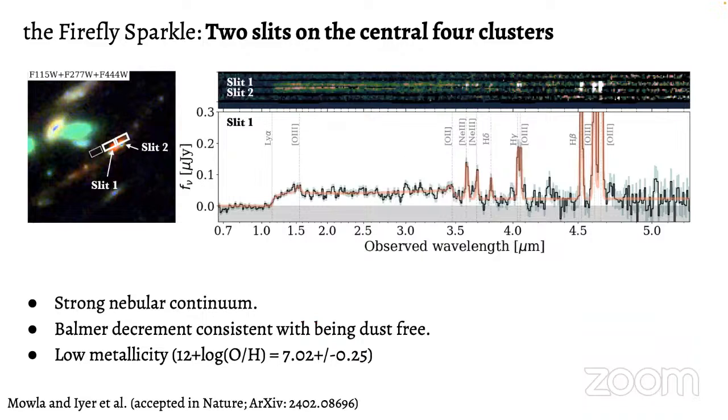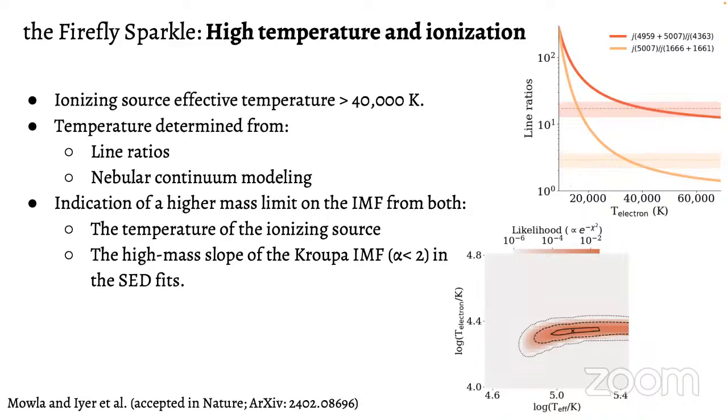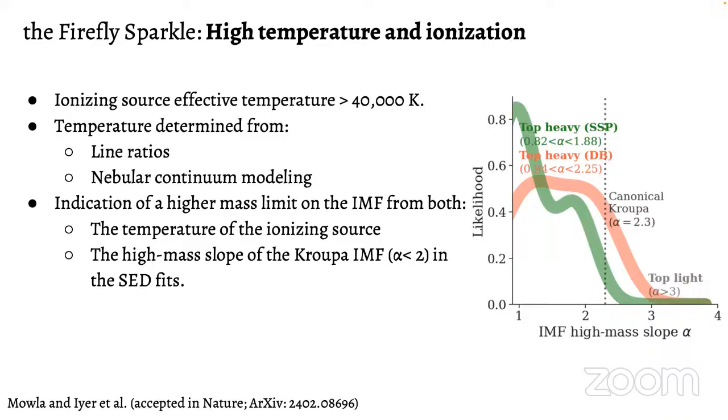So, a few takeaways. One is that it's extremely low metallicity. So this actually ties into Peter's talk, and I would love to follow up on that more. And a few other things. When we tried to get the electron temperature from a few different methods, we found that it's extremely high. When we tried estimating the IMF, we found some hints that the IMF might actually be top heavy in these systems.